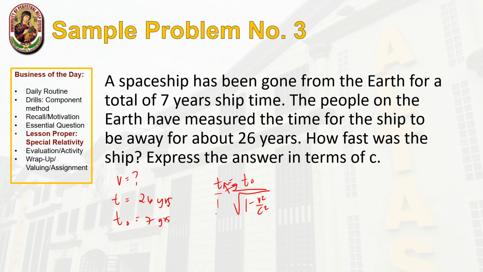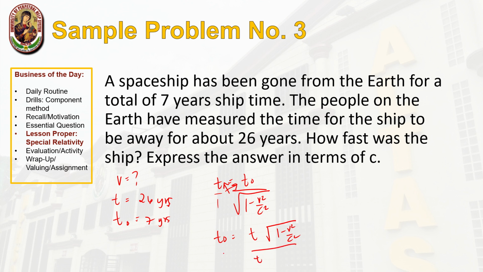This t here is automatically with 1 on its denominator. Okay, so that would give us now t sub 0 is equal to t square root of 1 minus v square over c square. Okay, then what do we do next? Because we would like v to be the one remaining on one side. So gusto nating tanggalin lahat except the v.